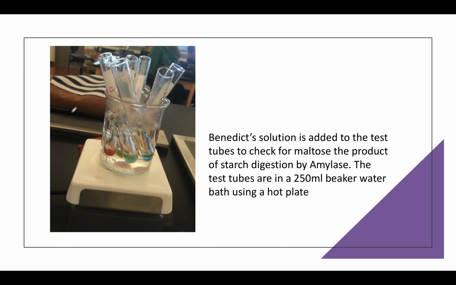Here is what we did in our lab. We took a beaker with 125 ml of water, and then we put all these 6 tubes in boiling water for 5 minutes. All of them have 7 drops of Benedict solution in them. If there is maltose, then the color of the solution is going to change according to the concentration of maltose.